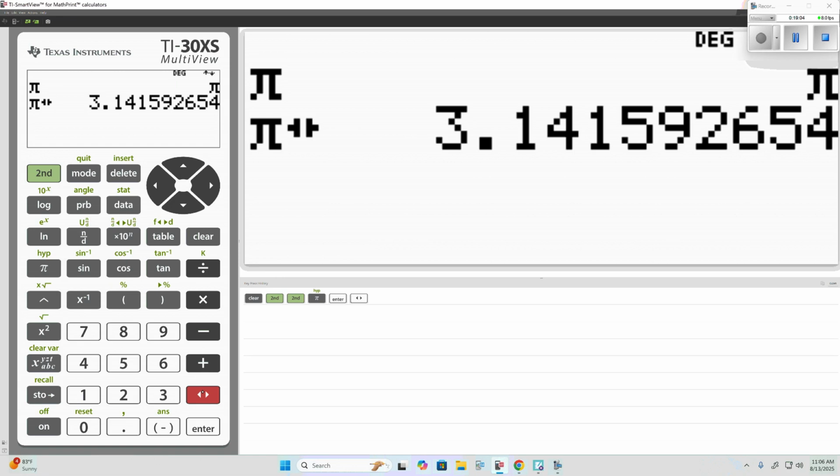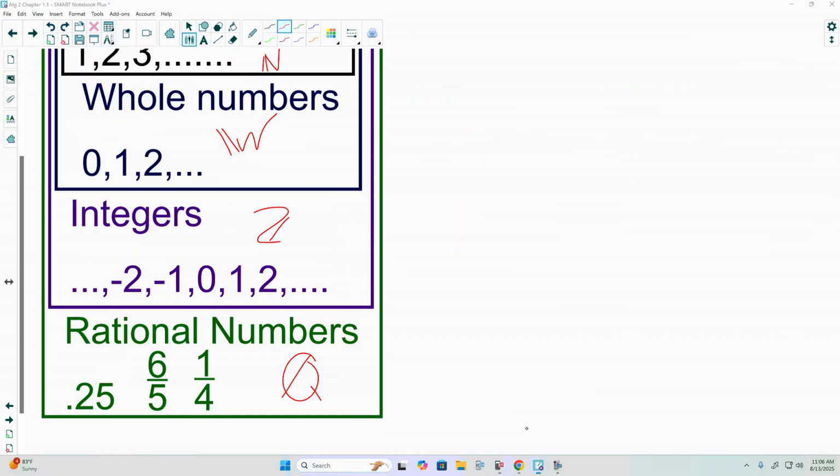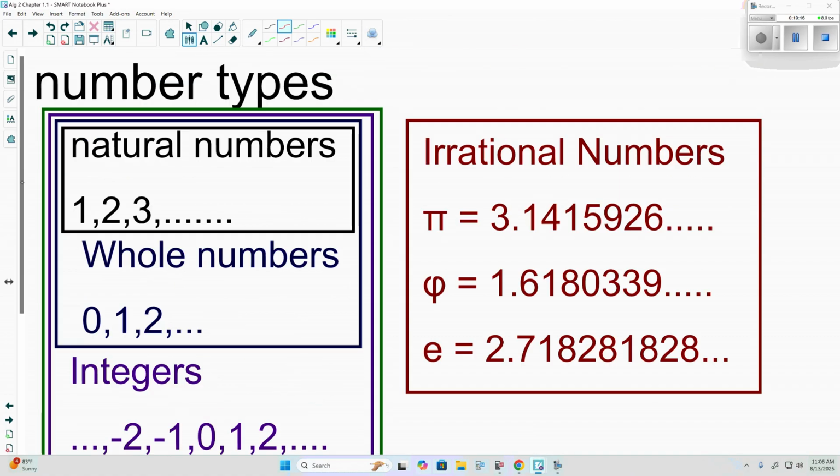No. We can approximate it, but we cannot write it as a fraction, which means pi is not rational. And if it's not rational, we call it irrational. There's our I with 2 lines.